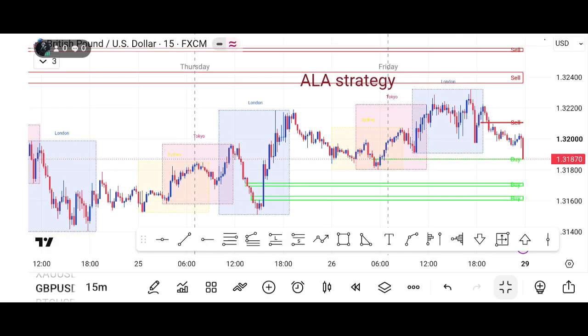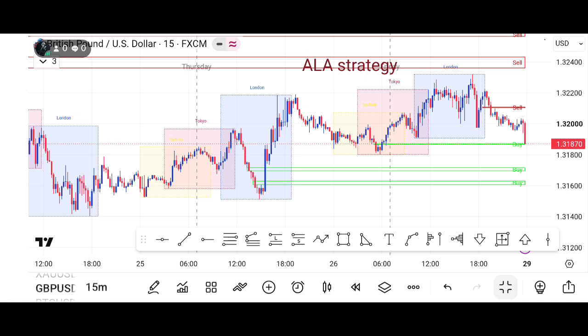So on the ALA strategy, as you all know, we are using the session by Lux Algo, and we're going to remove the London session so that we remain with the Sydney, Tokyo and London, meaning that we're remaining with the Asian and London session.